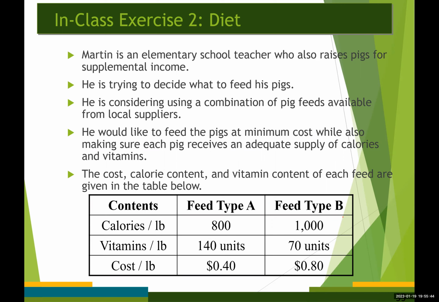Let me define A as the quantity, in pounds, of feed type A. And let's say B stands for the quantity of feed type B, okay?